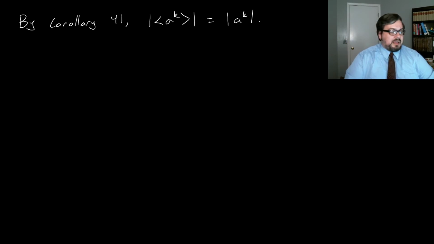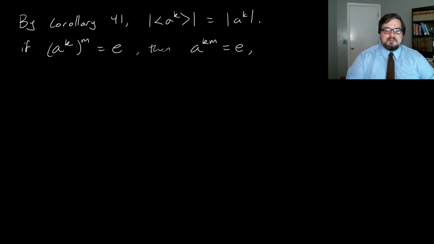So now, by corollary 41, the order of the cyclic subgroup a to the k is just the order of a to the k. So, furthermore, if a to the k to the m is equal to the identity, which is the sort of thing that we would need out of the order of a to the k, then that means that a to the km is the identity.